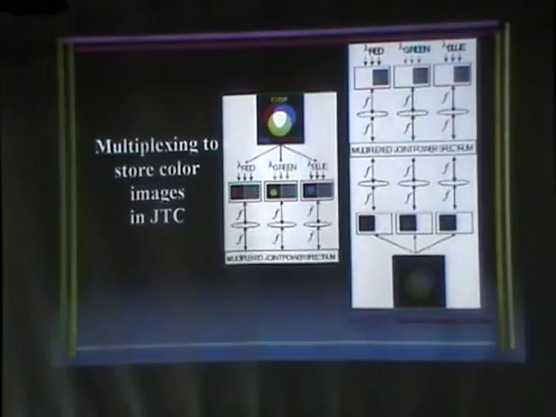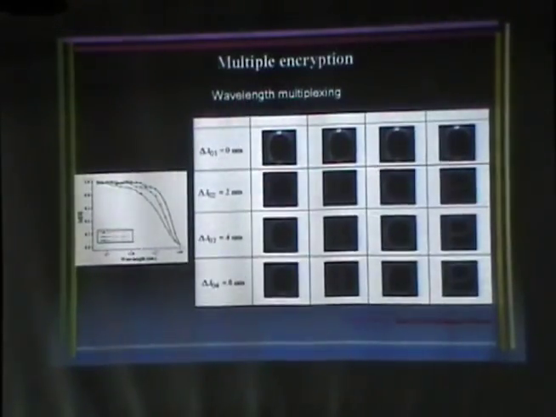In this case, you need to separate 8 nanometers in order to get the encrypted image without crosstalk.